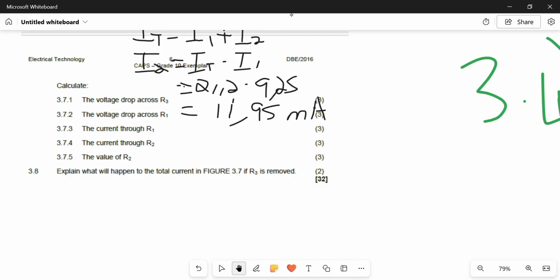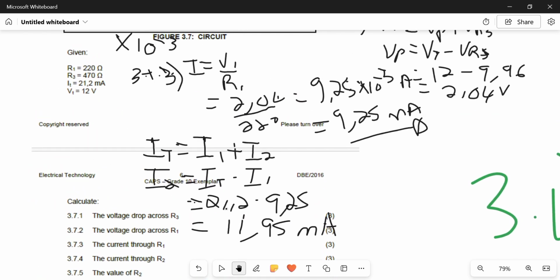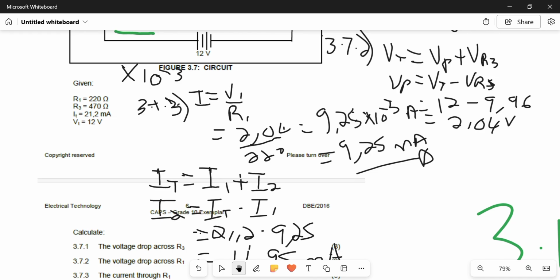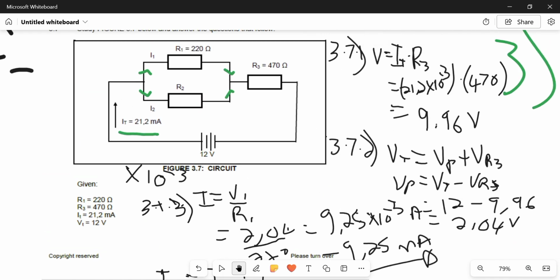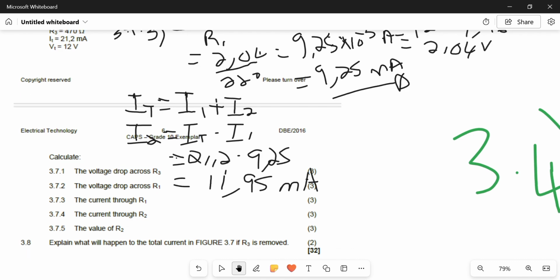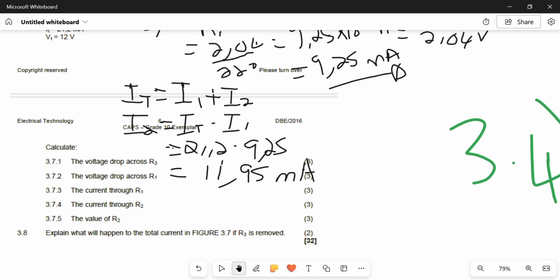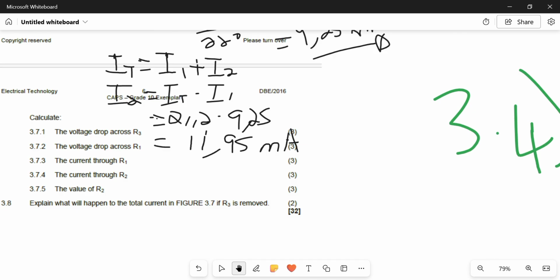Now we are going to look at the value of R2. Remember, at first we were looking for the voltage drop across R1, and I told you that the voltage drop across R1 equals the voltage drop across R2, and we have the current flowing through R2 just now.